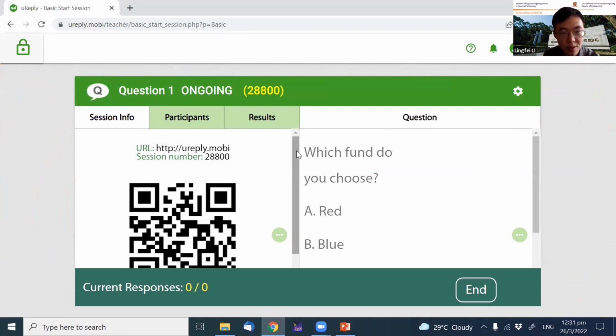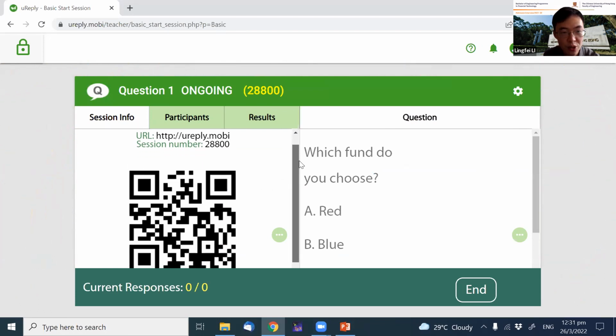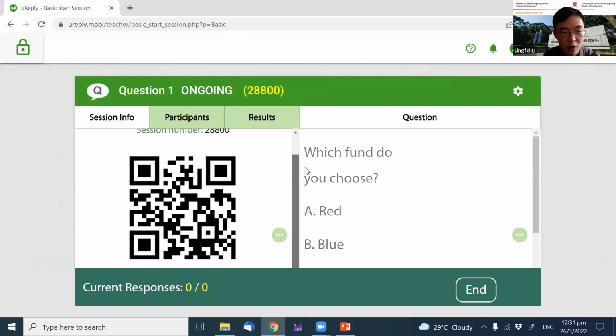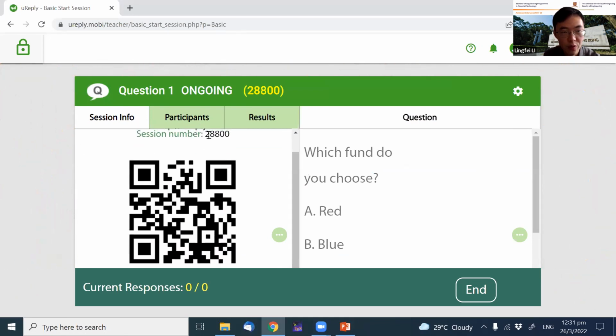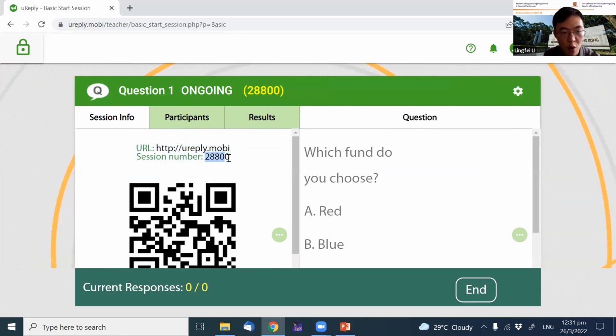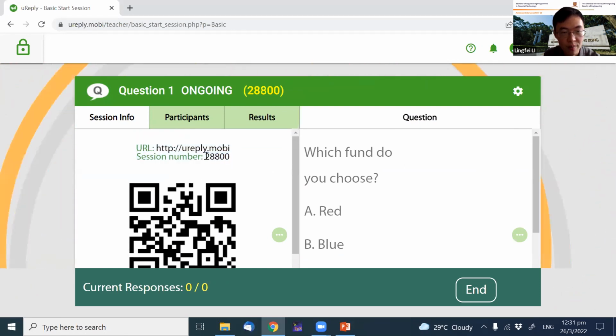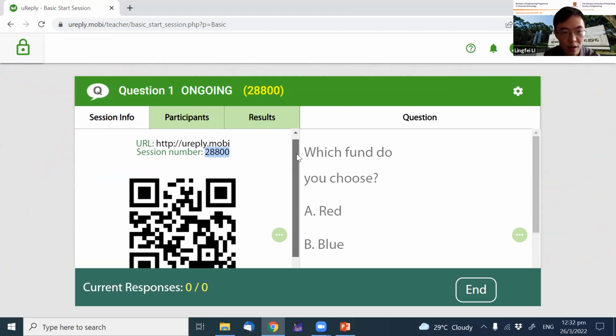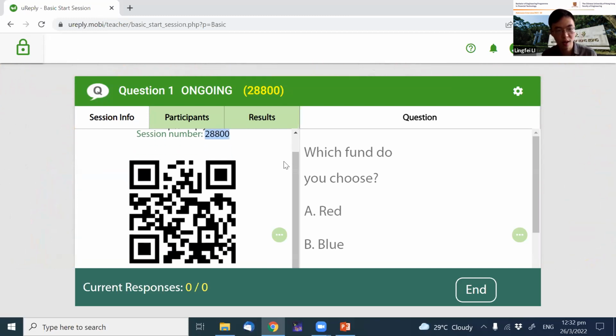So I hope you can participate. You can just scan this QR code and input this session number. If you have a phone, you can use a scanner to scan the QR code, and you will be led to your browser, where the page will open and you can access the question.